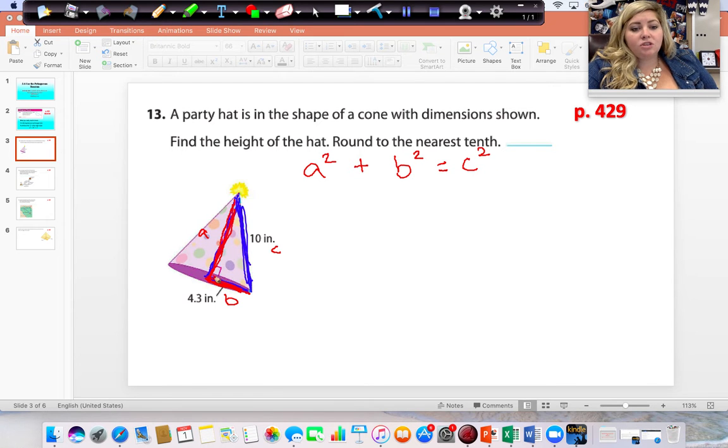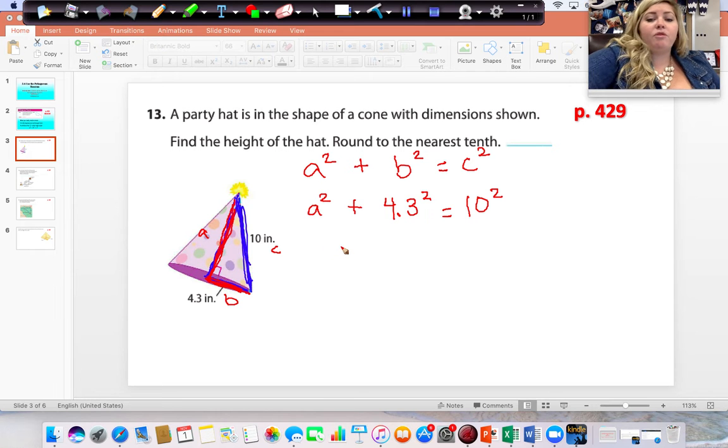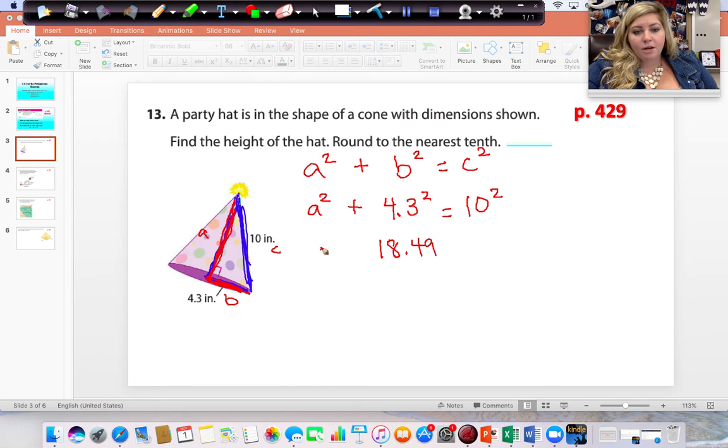And we need to insert in the numbers that we have. So we don't know A squared, but B squared, we've got 4.3 squared. And then C is 10, so we've got 10 squared. So 4.3 times 4.3 is 18.49. We need to bring down our A squared.